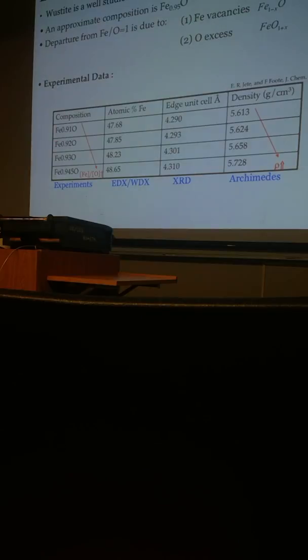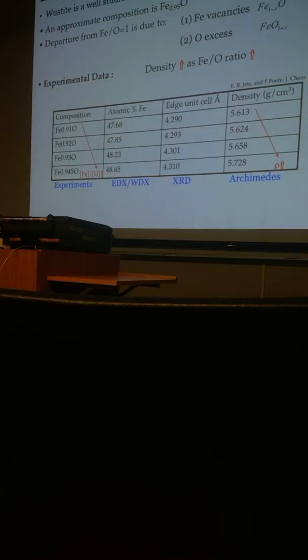What you can find from this data is that if the density is increased, then the iron to oxygen ratio changes as well. In other words, it goes from 0.9 to 0.945, which is increasing. So this is a fact.